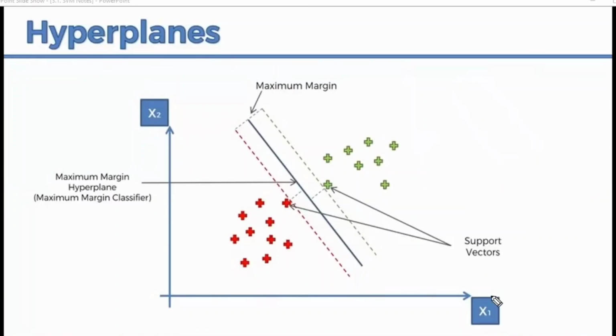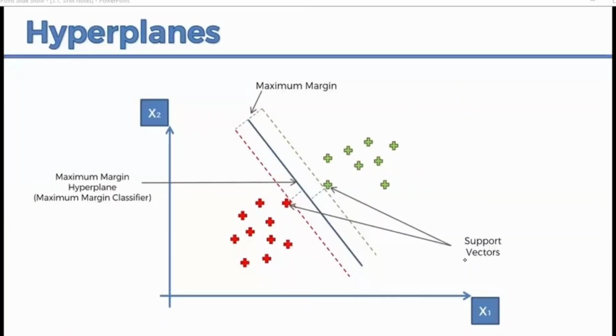When you are working in two dimensions, this is called a simple line, right? So this is called a hyperplane, and this is called a maximum margin classifier. Support vector classifier is also called a maximum margin classifier, right?